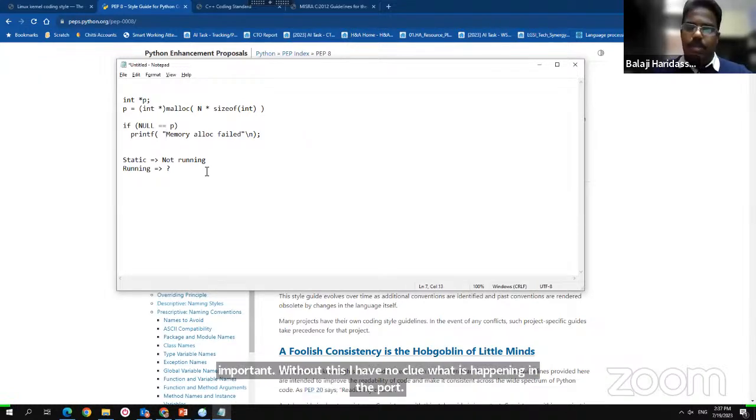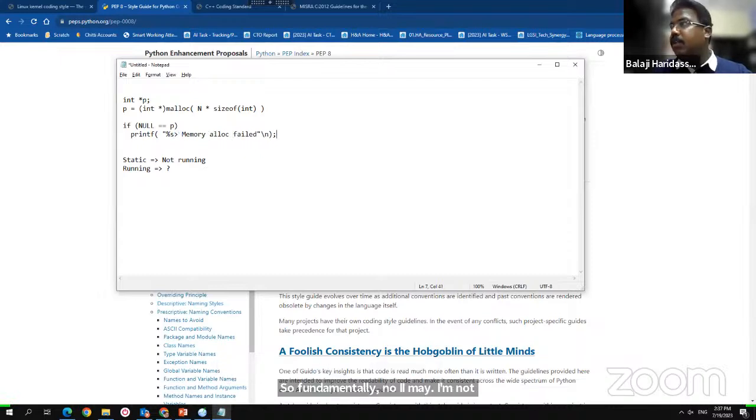So fundamentally, I'm not sure if the syntax is right, but if it is wrong, don't mind. I may want to say, this is the size I am allocating here. Correct? This is a very important parameter. Why?